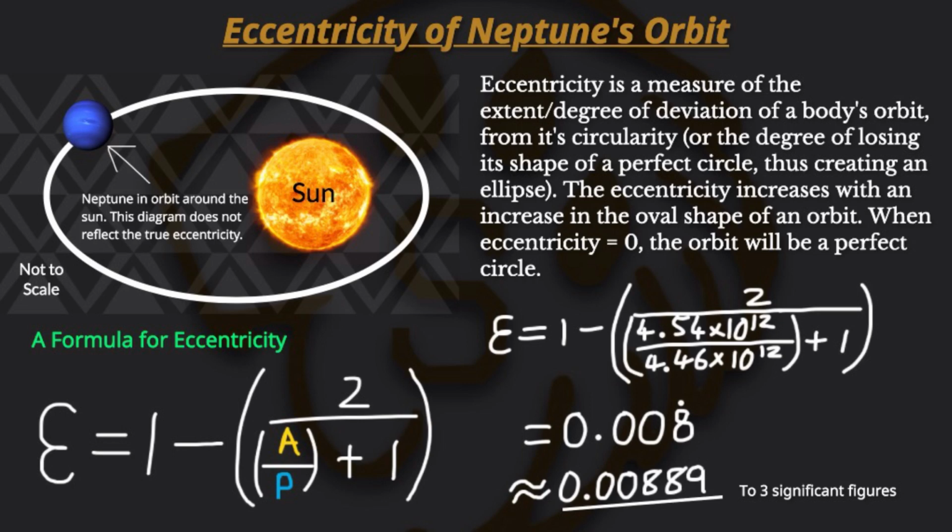Let's look at one of the easiest calculations that we always look at, which is the eccentricity of the orbit of planet Neptune. You can read the notes in white there to understand what eccentricity is, and we express it as epsilon. Epsilon is equal to 1 minus 2 over that fraction plus 1, and the fraction is the aphelion, which is 4.54 by 10 to the power of 12 meters, over 4.46 by 10 to the power of 12 meters, which is the perihelion at the bottom there, plus 1.